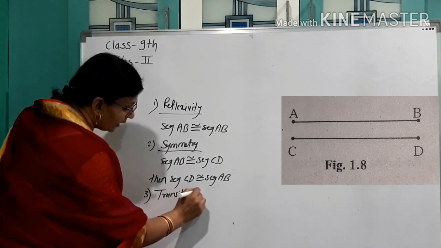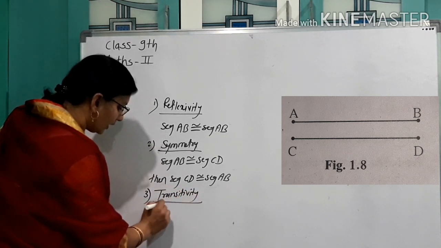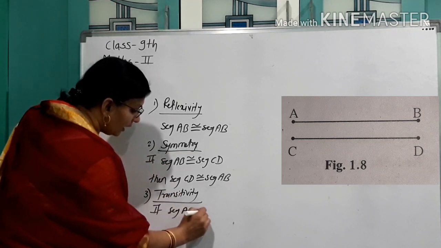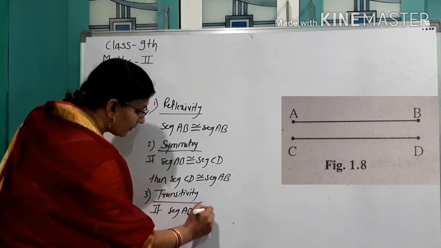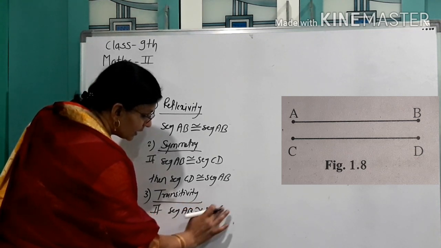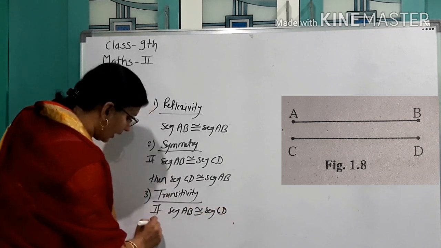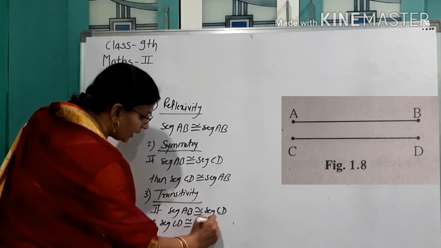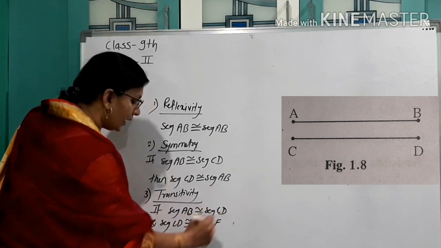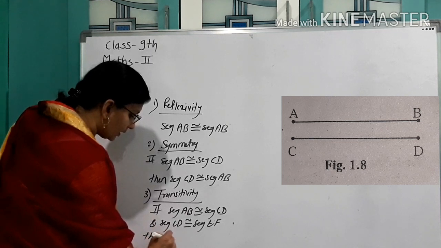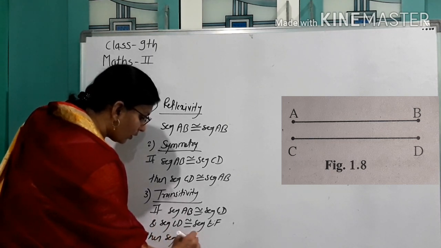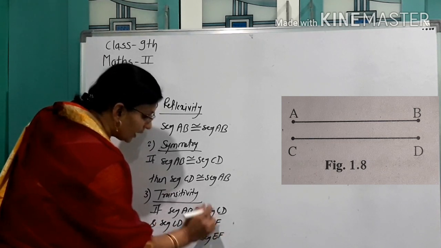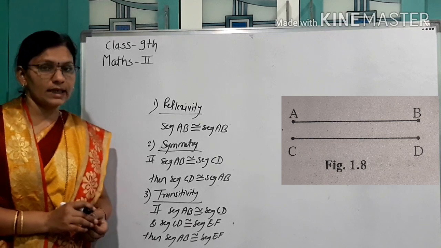In this property, if segment AB is congruent to segment CD and segment CD is congruent to segment EF, then segment AB is congruent to segment EF, and that property is called the property of transitivity.